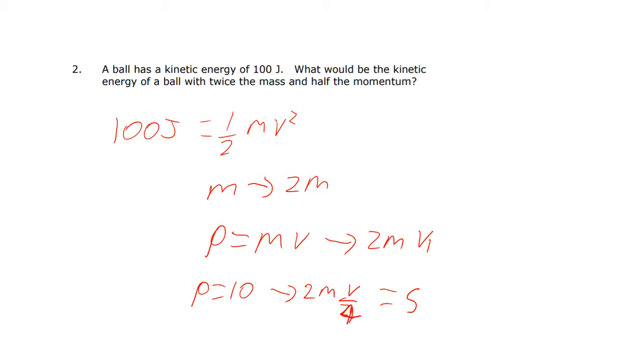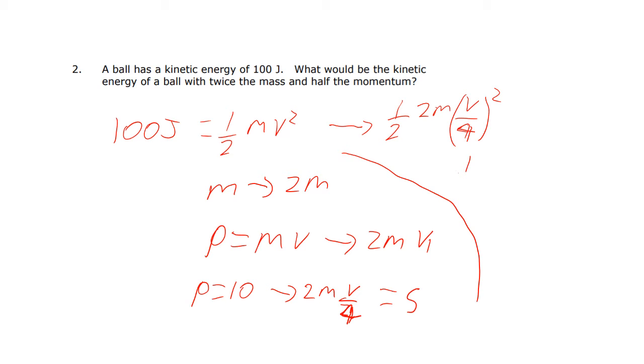But the long and short of it is we're going to use this same equation, but now it's half times 2m times v divided by 4, all squared.